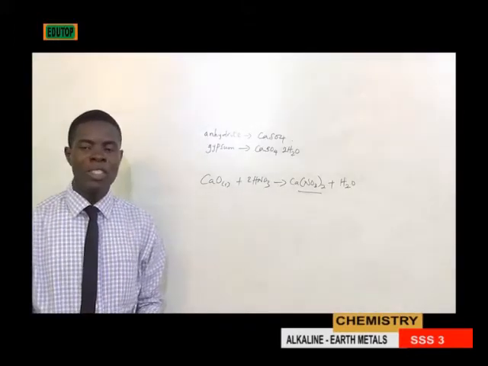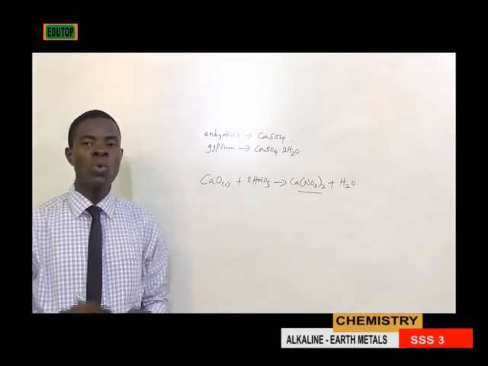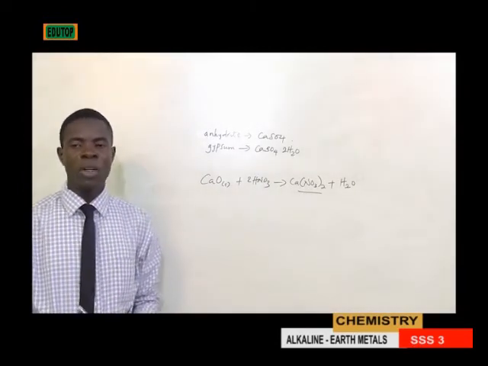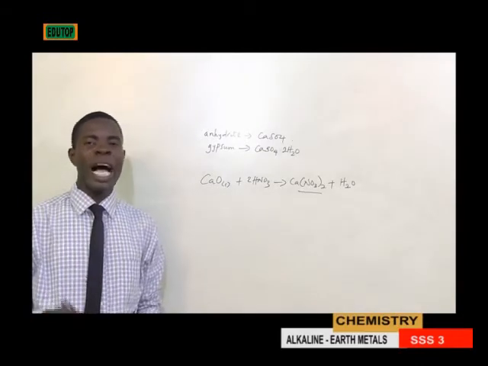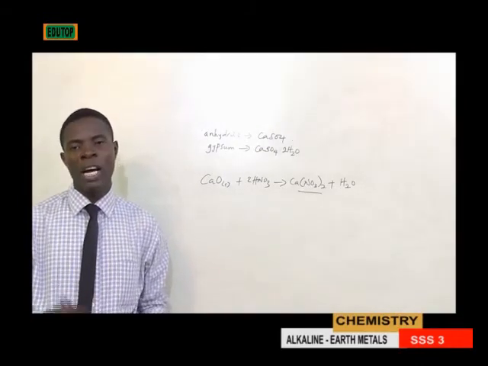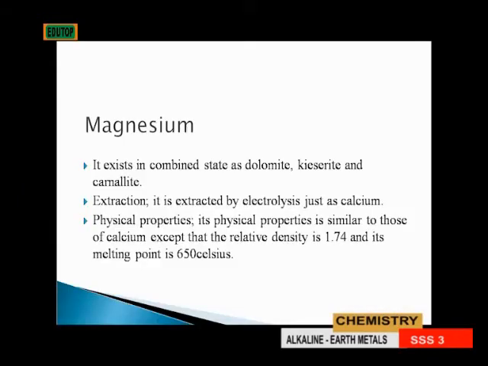Magnesium. Magnesium is another group 2 element, but its chemistry is not as vast as that of calcium. 1. It exists in combined states as dolomite, carnallite, and kainite. Those are the combined states of magnesium. Extraction.